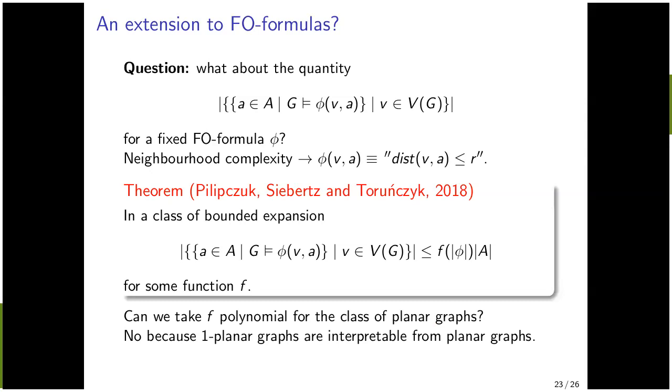This means that we can simulate one planar graphs from a planar graph just using a fixed first order formula of constant size. And so using the previous construction on one planar graphs, this shows that we cannot hope for a polynomial bound for f here.